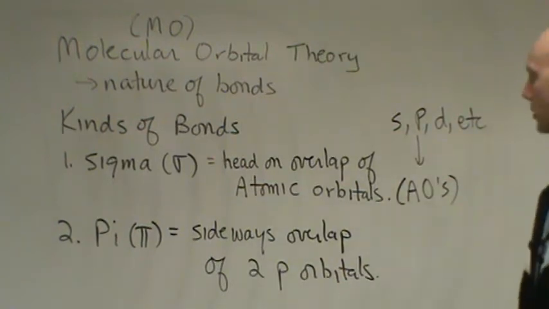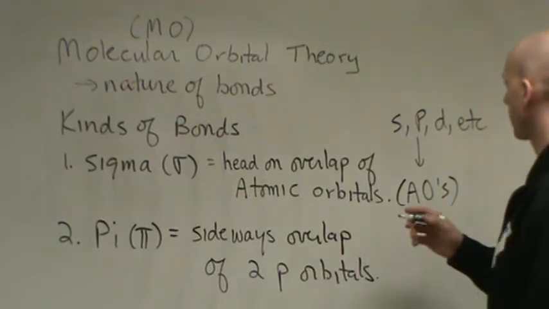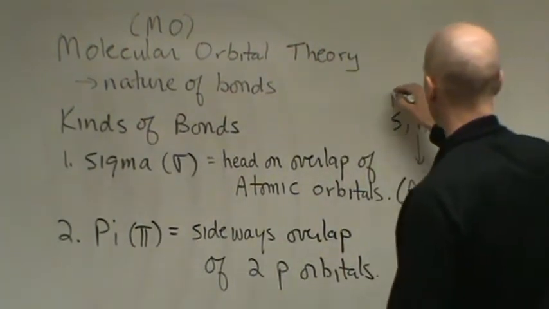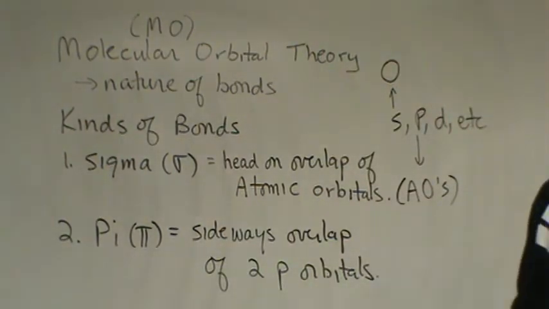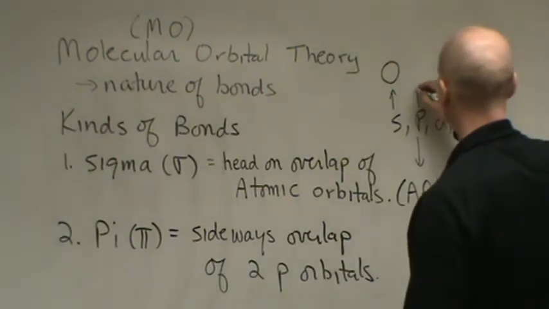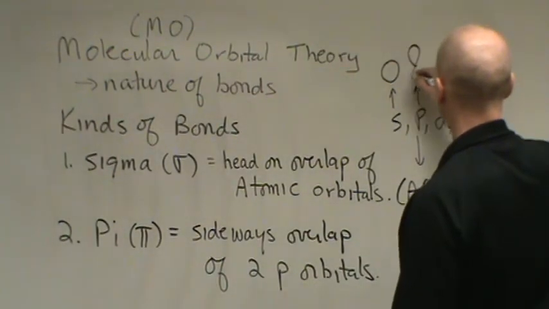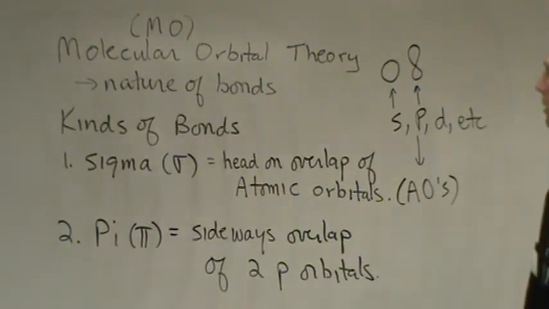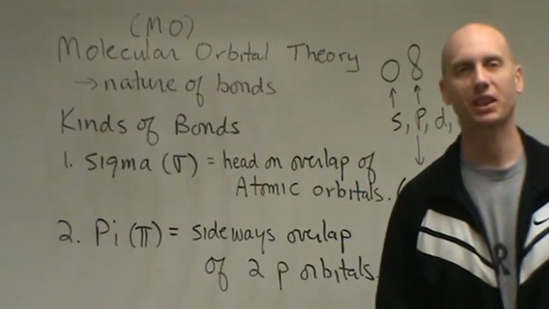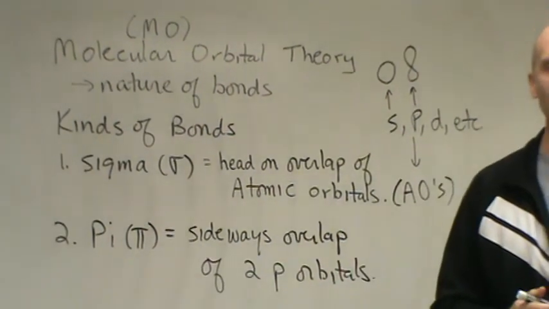So these atomic orbitals, remember the s atomic orbital was spherical, so we could draw it like that. The p atomic orbital was this dumbbell shape. And the d, we're going to leave alone because it gets into very complicated shapes.